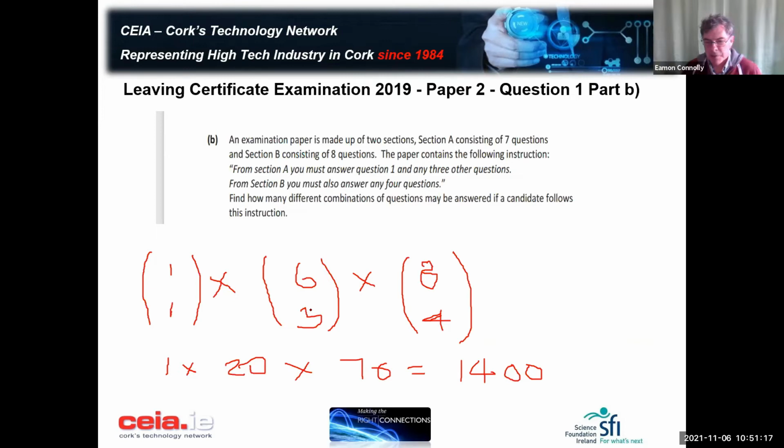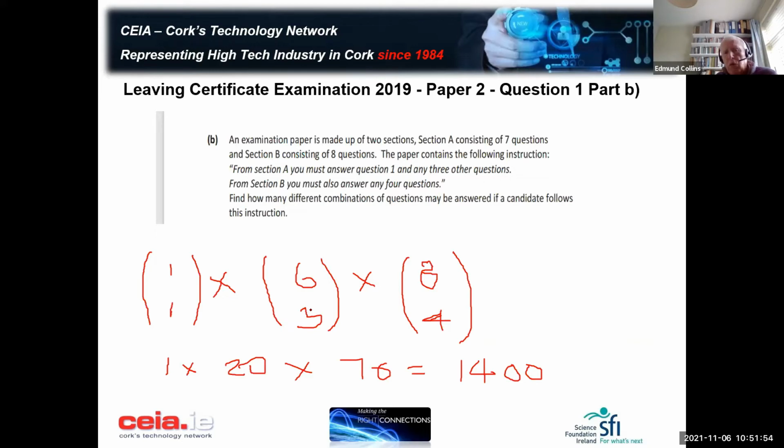I think that makes sense anyway. There was another question just came in. How do you know it's the multiplication principle? Well, the "and" really. It's one question, 1 and that, and we saw that when we were doing the counting theory. If it was a case of "or", you must do 1 out of part A or 2 out of part B, well, then you would be looking at the addition principle.